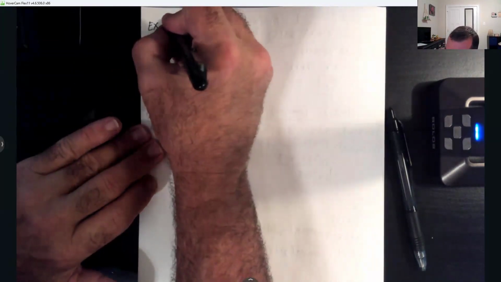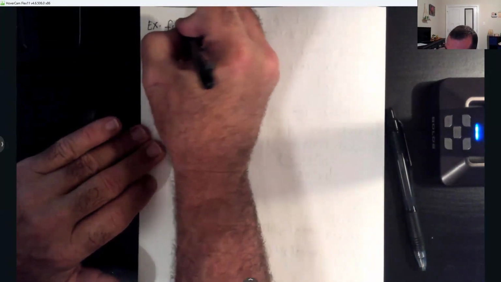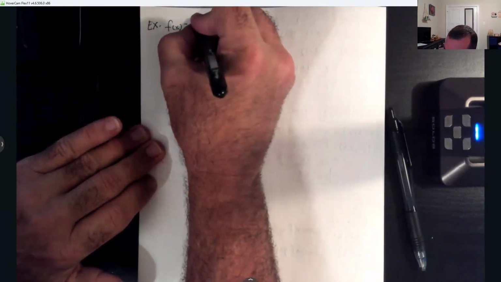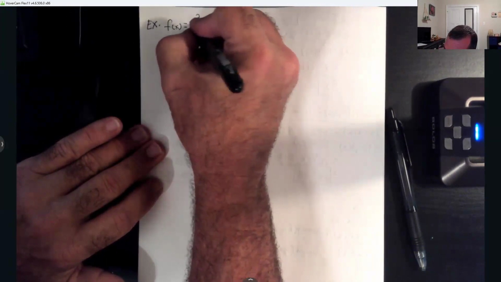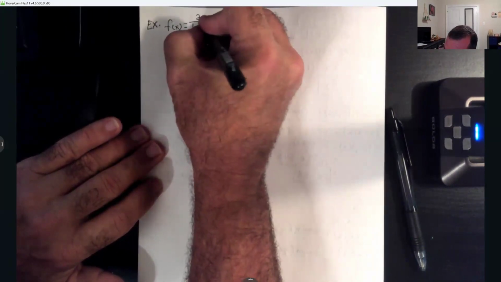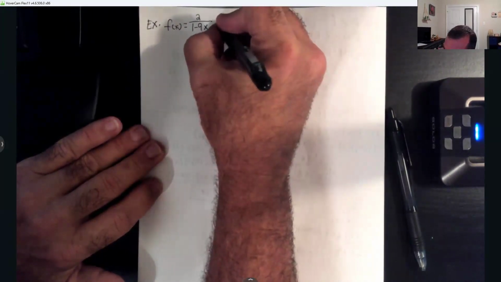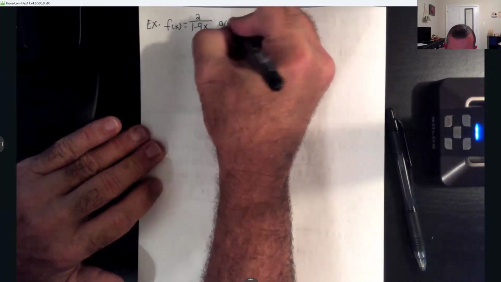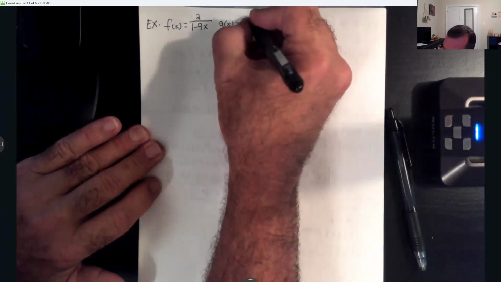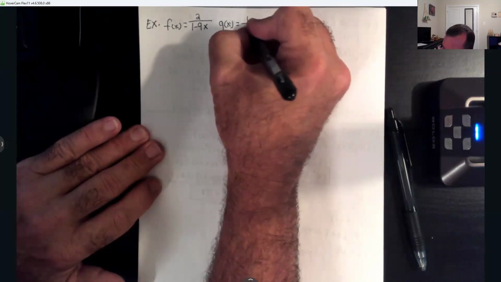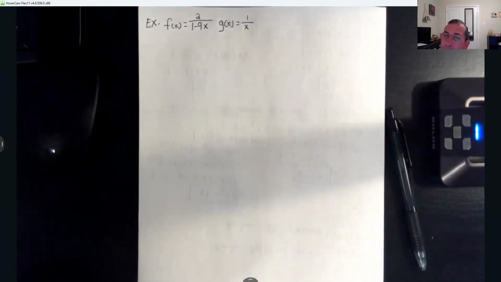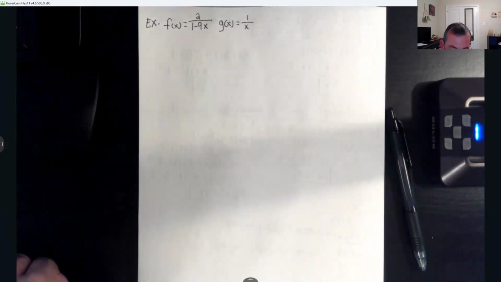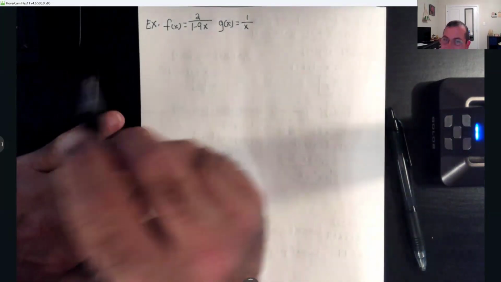So let's see what we got. f of x is going to be 2 divided by 1 minus 9x. g of x is going to equal 1 over x. So y'all, not only one, but two fractions on this one. So look here.